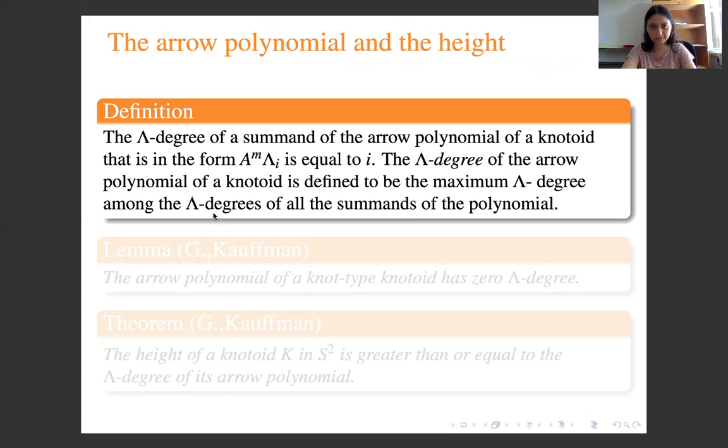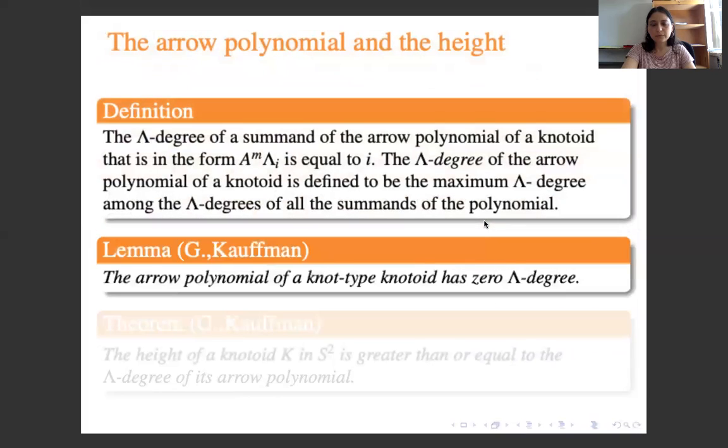So let's define the lambda degree of the arrow polynomial. It is the lambda degree of a summand of the arrow polynomial of a knotoid that is in the form A to the m times lambda i, equal to i. And the lambda degree of the arrow polynomial of a knotoid is defined to be the maximum lambda degree among the lambda degrees of all summands of the polynomial, obviously. So we can show that the arrow polynomial of a knot type knotoid has 0 lambda degree.